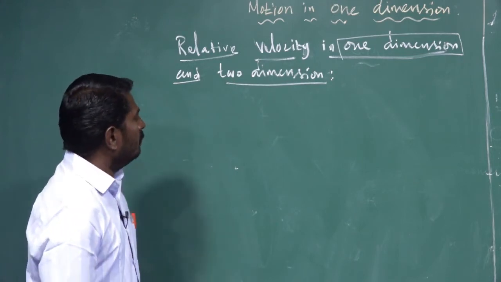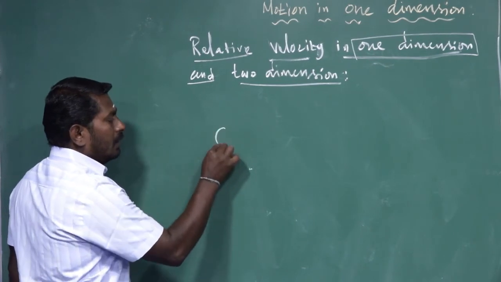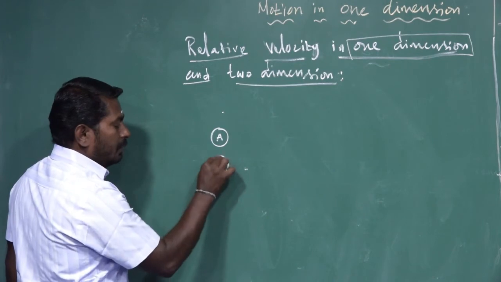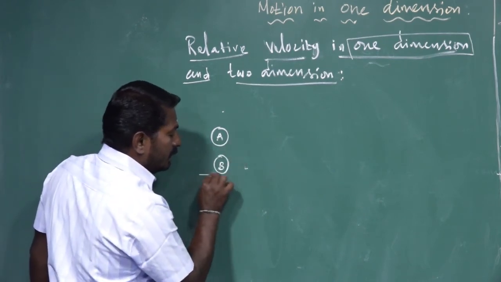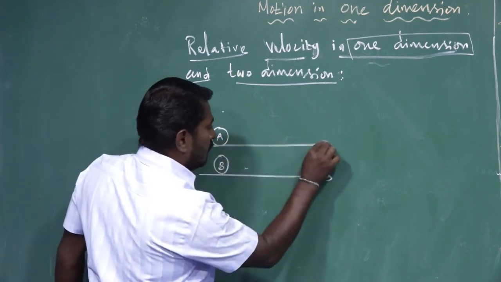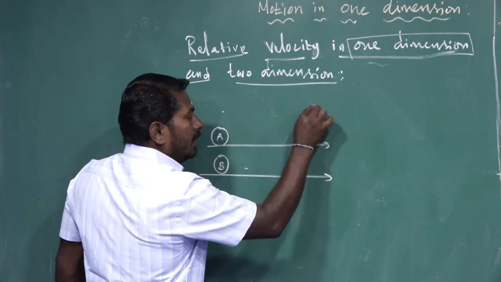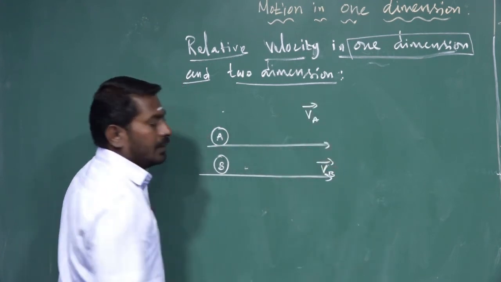So relative velocity in one dimension. Let me assume there are two objects, object A and another object B. Both objects are traveling along a straight track with the velocity VA vector and the velocity VB vector.